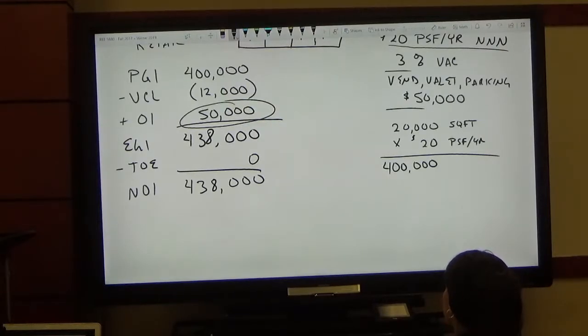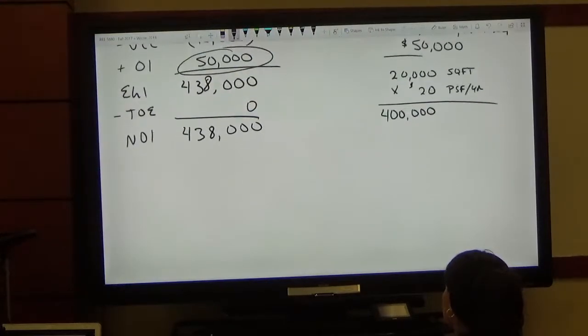Does that make sense? And so sometimes that number gets carved out of the NOI strictly because it's not core revenue. But in our case, we're leaving it in, okay?